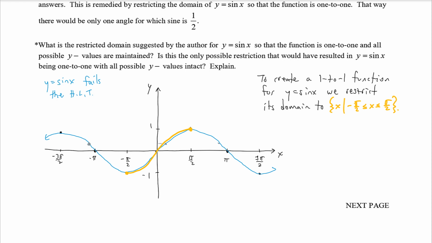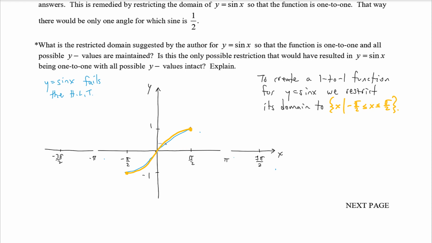So if I do that, look what happens. The moment I don't allow for any of these x values, none of them, all of them are gone. The rest are just gone. The moment I do that, I now have what's left. It is a function. It passes the vertical line test, but it's now one-to-one because it passes the horizontal line test also.